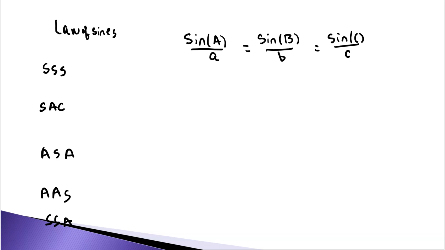It says in any triangle, if you take the sine of any angle and divide by the opposite side, those are all equal, no matter what. So to use the law of sines, we're going to have to know an angle and an opposite side.